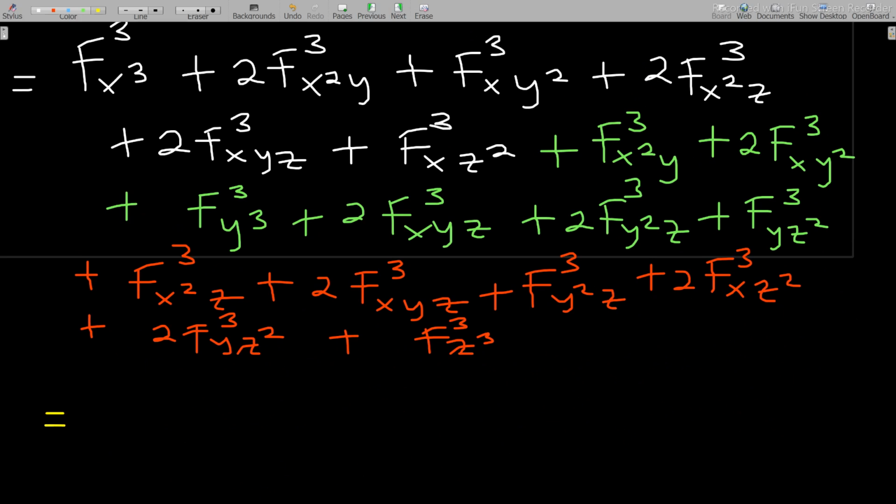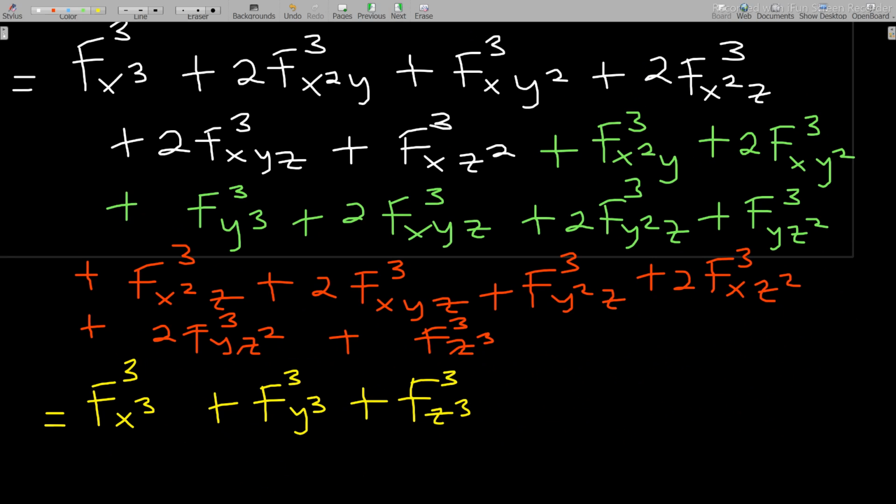So you pick fx cube, whatever cube, so let's sum the single ones here: fx cube, fy cube, fz cube, and plus 6fxfyfz cube.